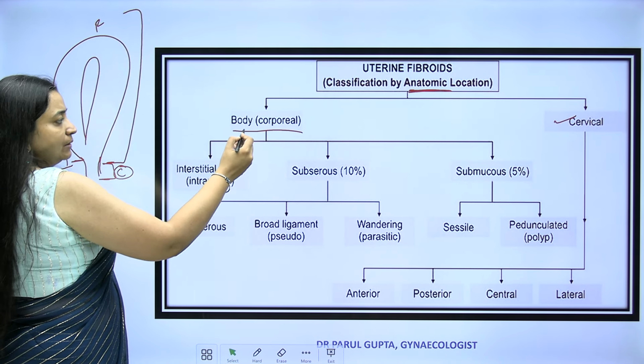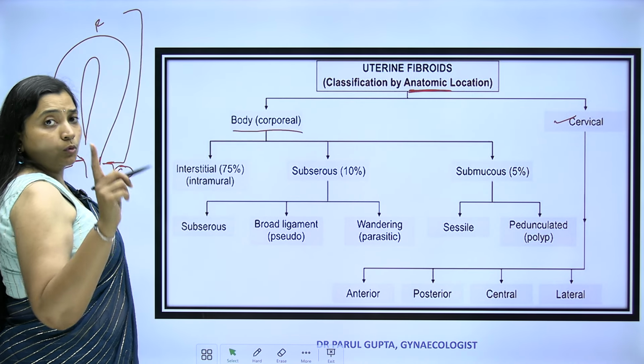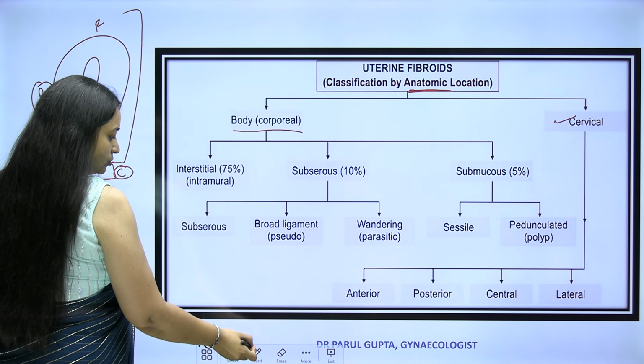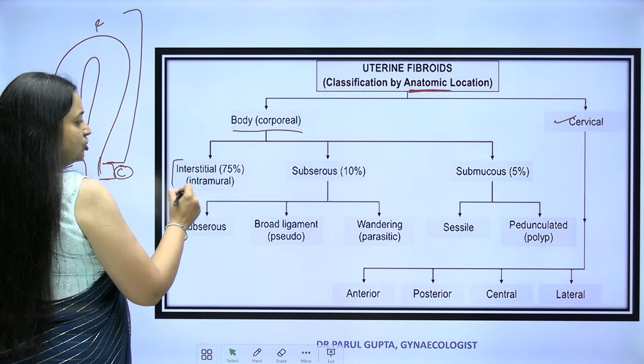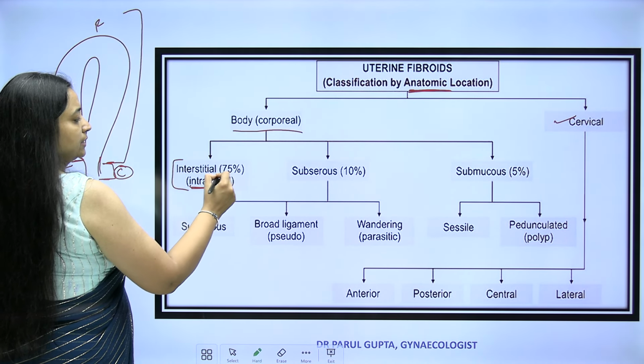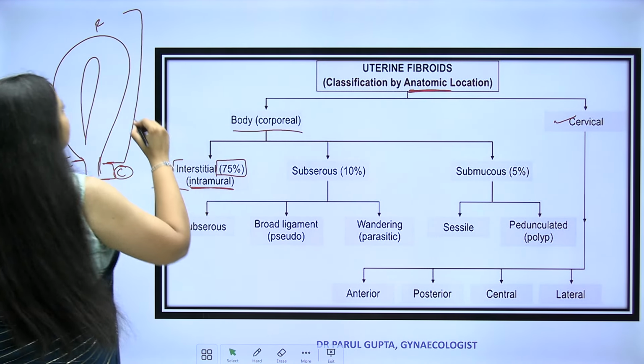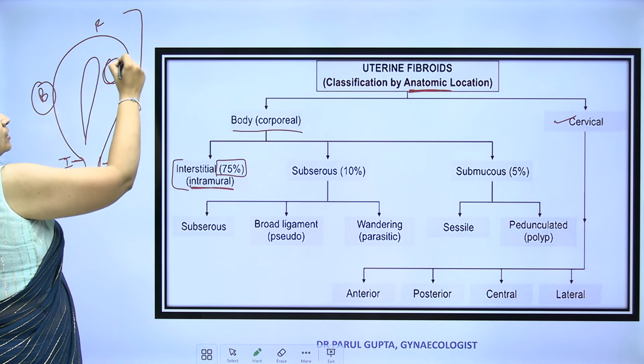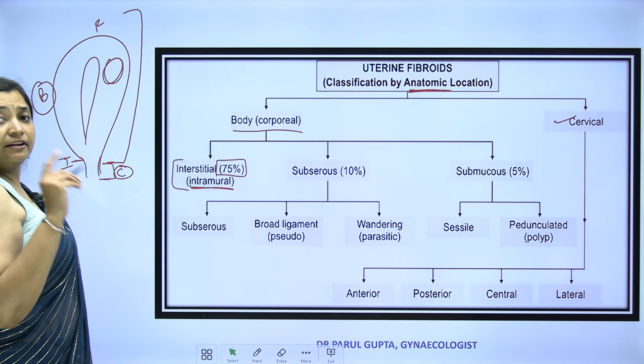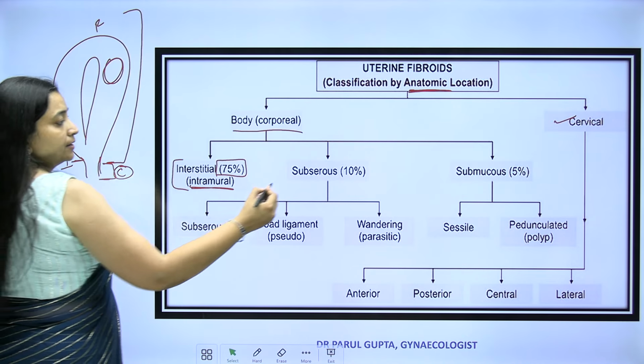Now in the body or corporeal fibroid, which is more common, the most common is the interstitial or the intramural, 75%.